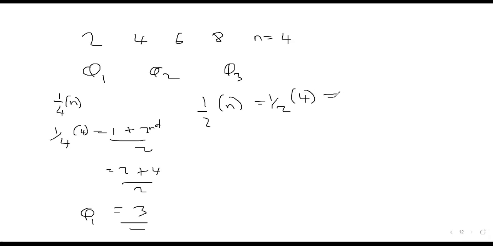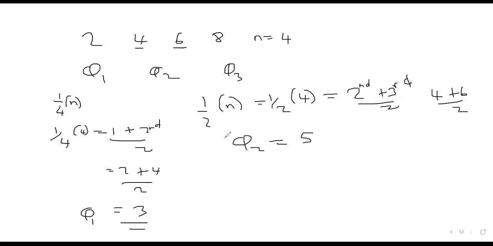So when you have a whole number 2, it means get the second number itself and the number that follows, the third number, divided by 2. So which one is the second number? This one here. And the third number, this one there. So 4 plus 6 divided by 2. So 10. 10 divided by 2 is 5. So 5 is our second quarter, or the median.